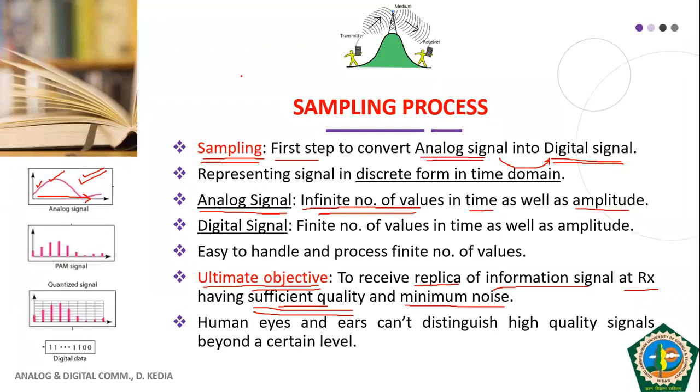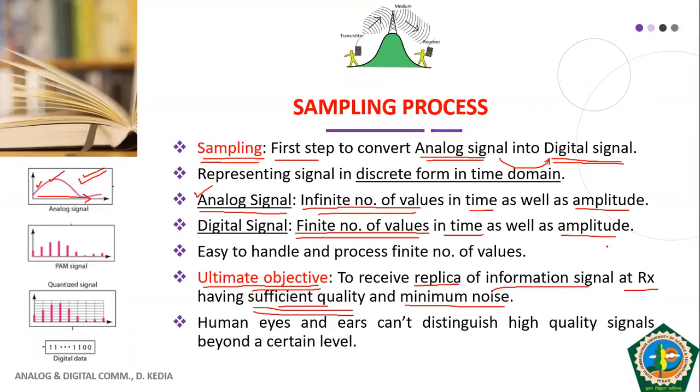So what we do, instead of having an infinite number of values, we can think of having a finite number of values in the time domain as well as in the amplitude domain. So out of those infinite values, we will select a certain finite number of values, a certain fixed number of values.